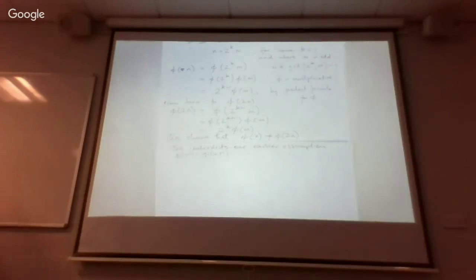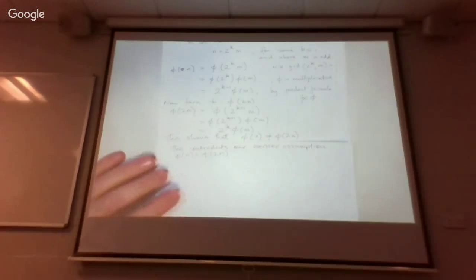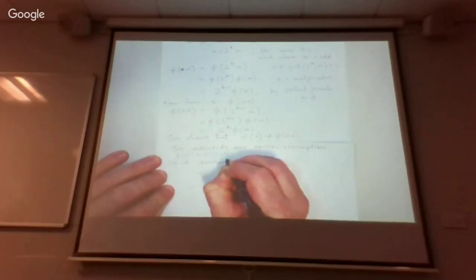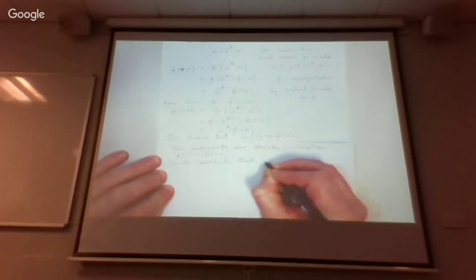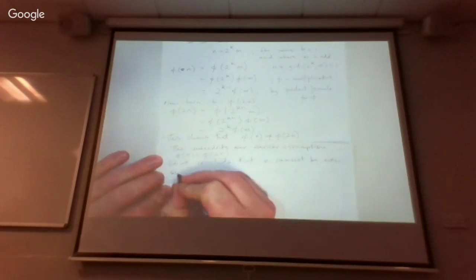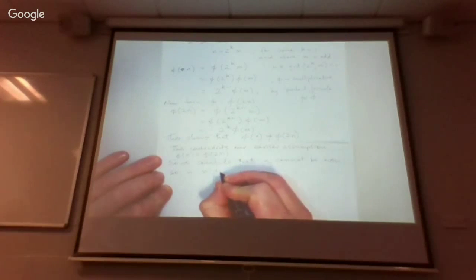The conclusion we draw from that is that the intermediate assumption that n was even cannot be true. So we conclude that n cannot be even, because that's the intermediate assumption. So n is odd.